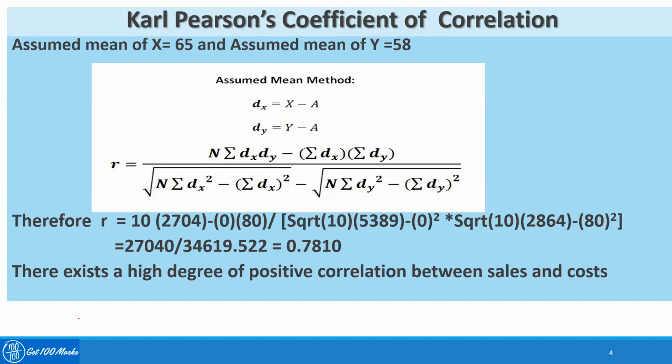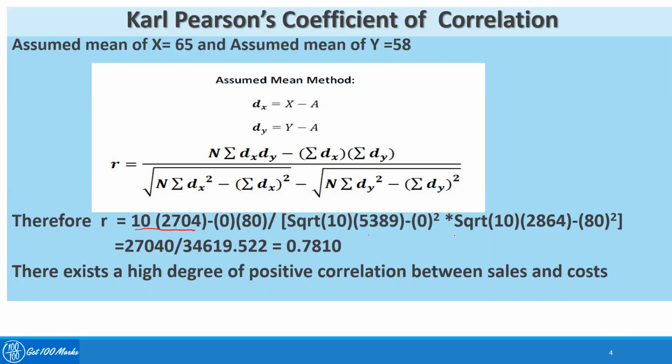So 10 into 2704 minus summation dx, which has come as 0, into summation dy, which has come as 80. So 0 into 80. Entire thing divided by square root of n, again 10, summation dx square is 5389 minus summation dx whole square, which is 0 whole square.